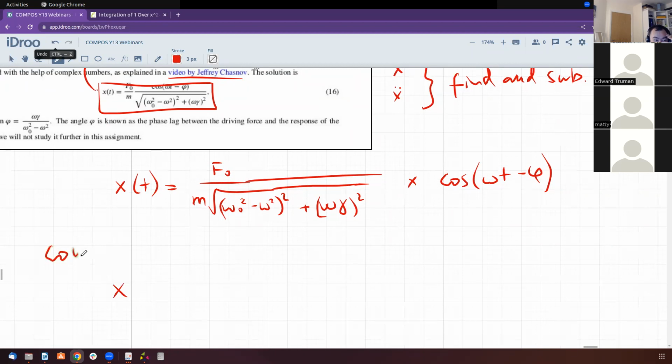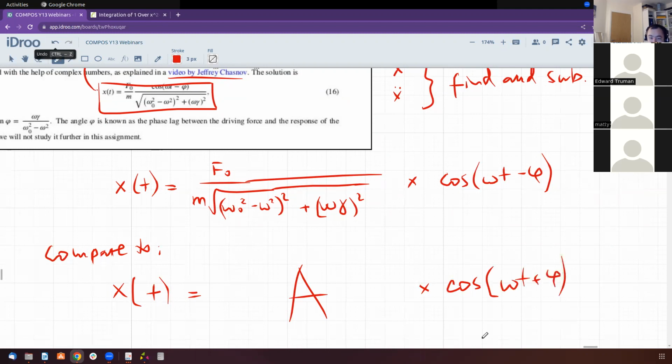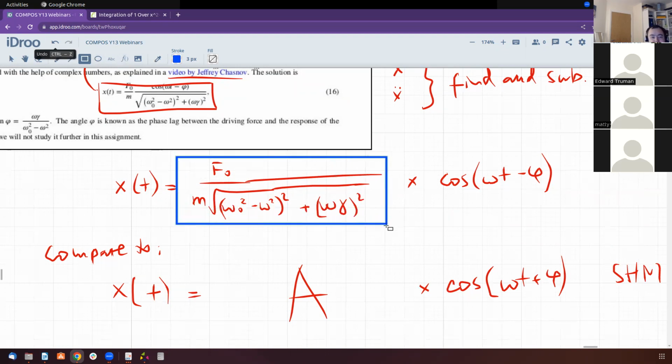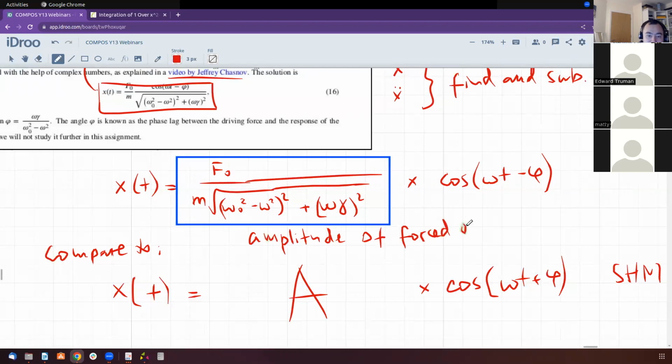Doesn't it compare to x of t equals amplitude multiplied by cos omega t plus phi? This is simple harmonic motion. So this huge thing represents the amplitude. That's simply the amplitude of forced oscillations.